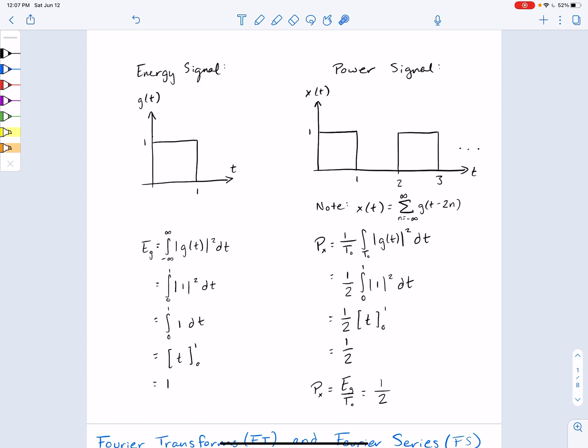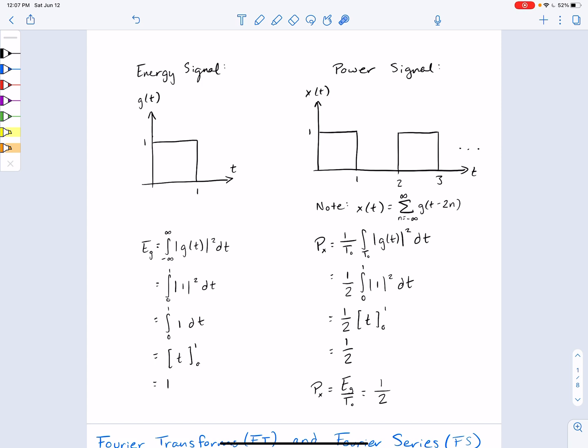Another thing I wanted to mention is that some of you were having trouble finding the period. I know it's tempting to say that it's 1 because that's how long the pulse is, but you also have to account for where it's resting. If I said the period was 1, that means every 1 second it's going to repeat, so this signal would just look like a straight line.